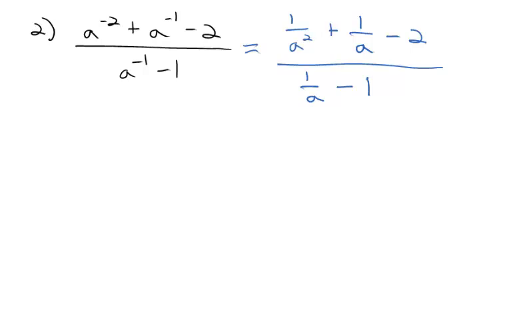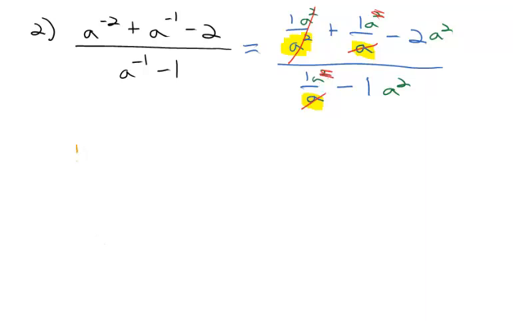Now with a compound fraction, we look at the denominators to find the least common denominator is a squared. And so we'll start multiplying every term by a squared. Reducing, the a squareds are gone. A leaves behind 1a, a leaves behind 1a.